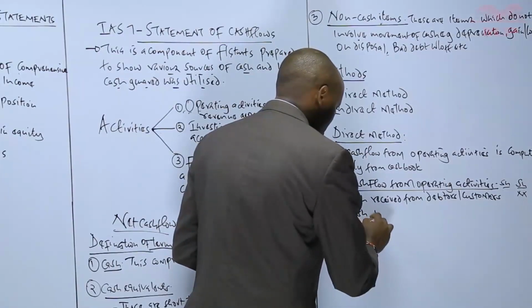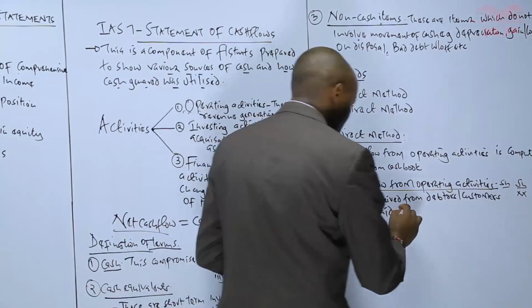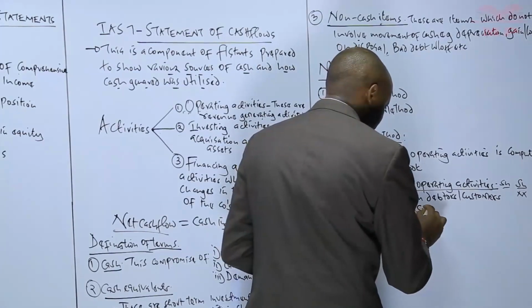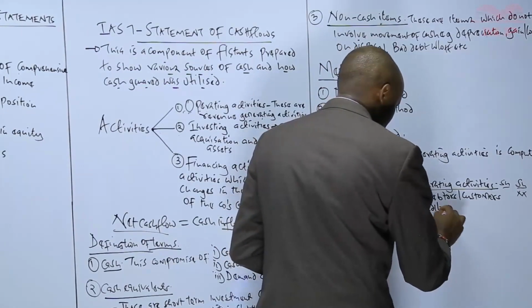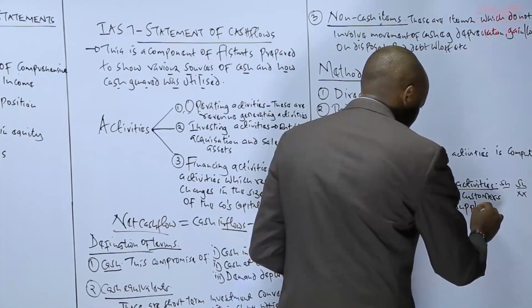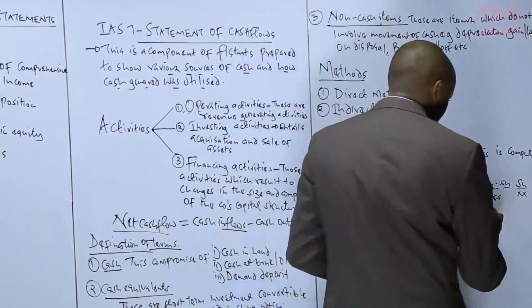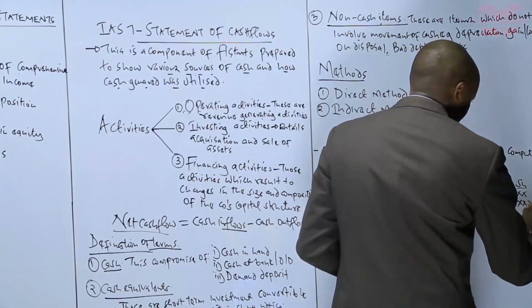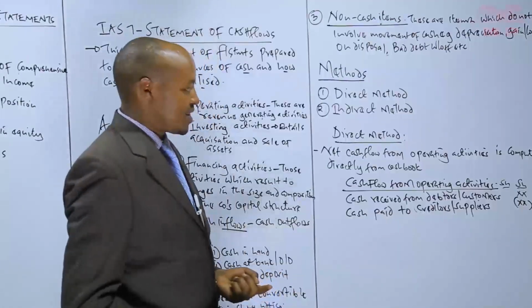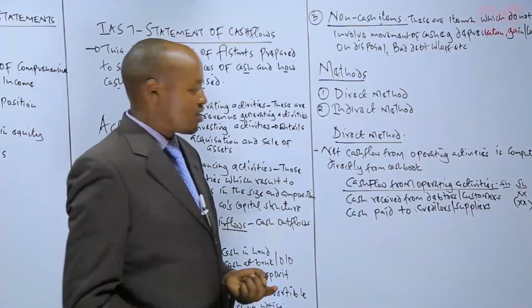We also take into account the cash paid to creditors, stroke suppliers, of which the cash paid to creditors stroke suppliers is a cash outflow.